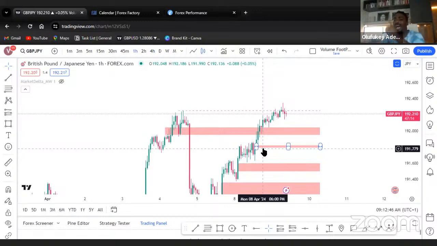Price will tap into that and shoot to the upside. If it doesn't stop there, it will stop around 190.60, grab all that liquidity below and then continue going up. The one I'm really thinking it will go to is that 190.60.